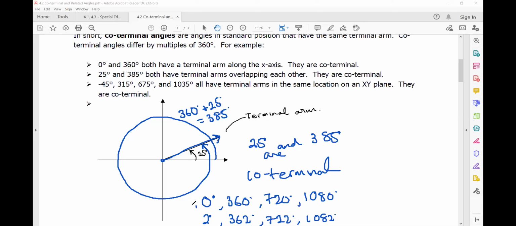What's interesting, I could go backwards. If I do the clockwise direction and say negative 360, negative 720, negative 1080, they are still coterminal. But this one's the hard one. Negative 358, negative 718, and negative 1078 degrees, they are coterminal.